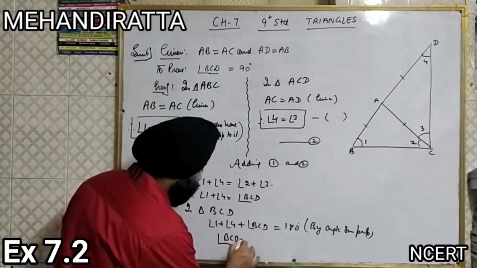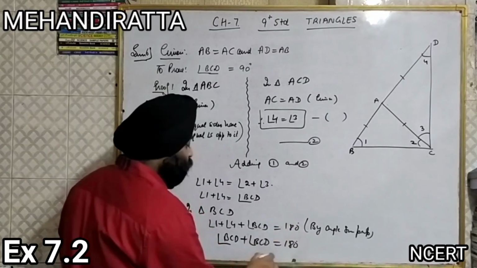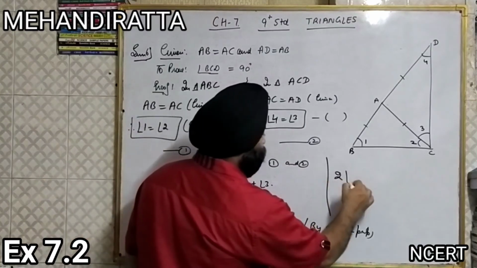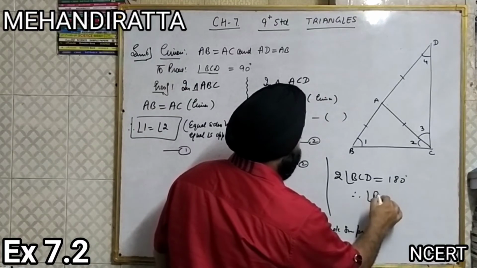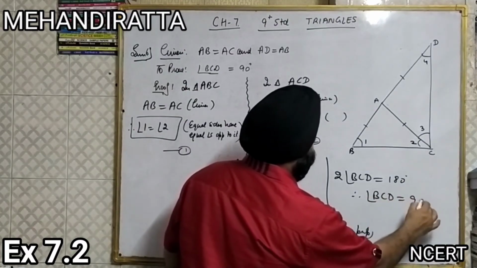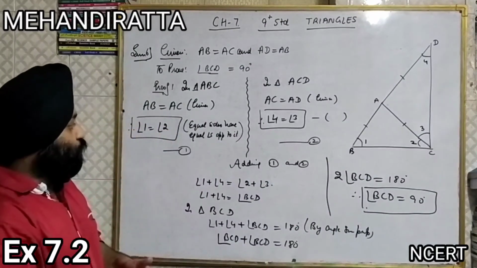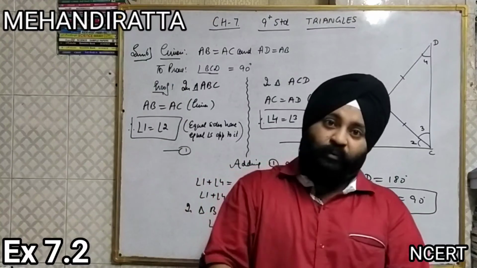Can we write BCD plus BCD is 180 degrees? Therefore, twice BCD is 180 degrees. Therefore, angle BCD comes out to be 90 degrees. This is what we had to prove. So this was your sixth sum.